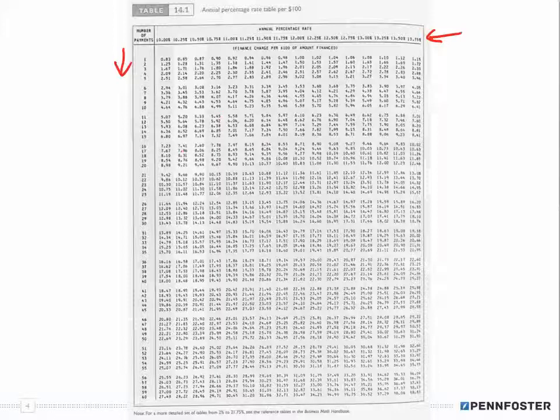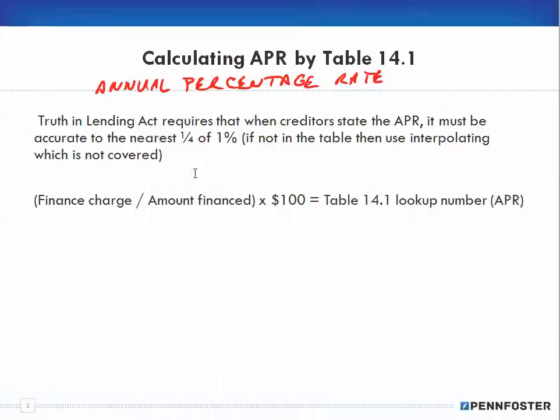Well, in this case, when we look across the interest rates across the top and the number of payments down the side, when we cross-reference it, we get the actual annual percentage rate. If you don't do it like that, then you actually have to start doing all of the math. And the math basically says, I have a finance charge.